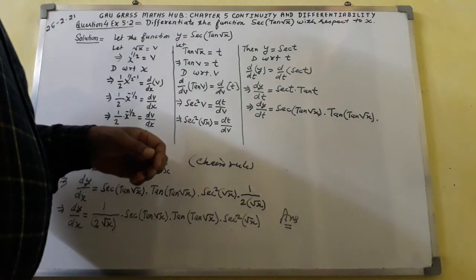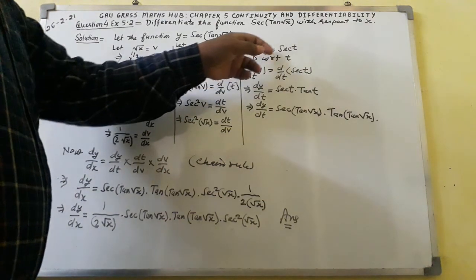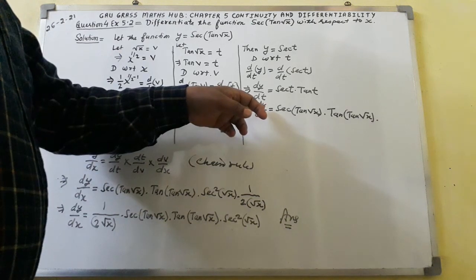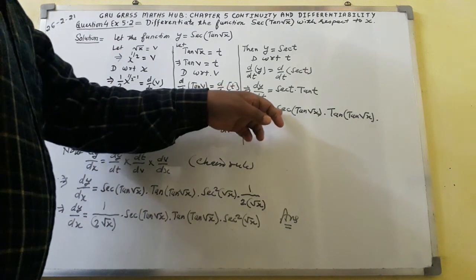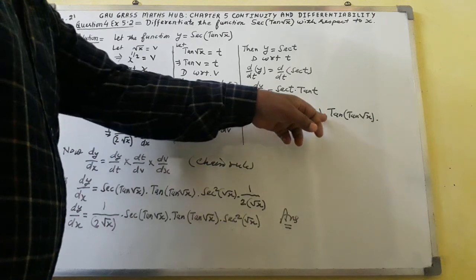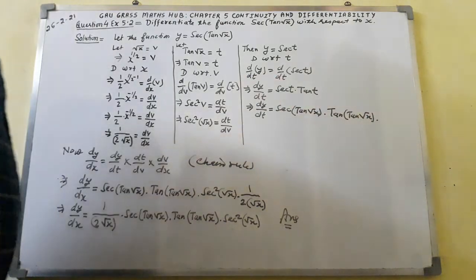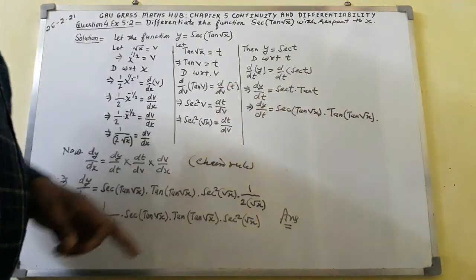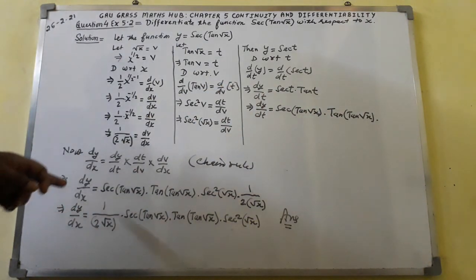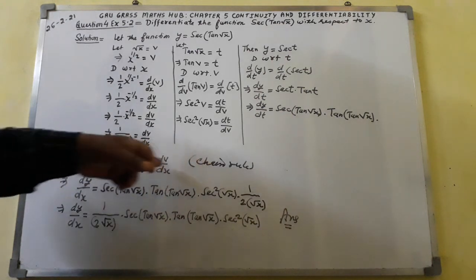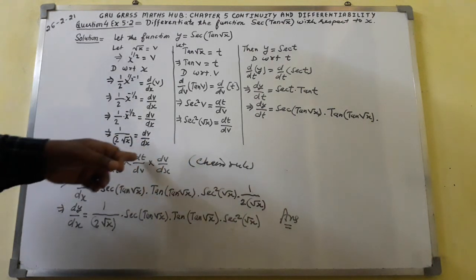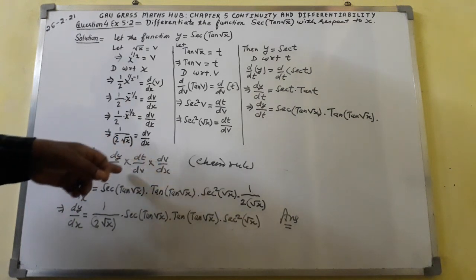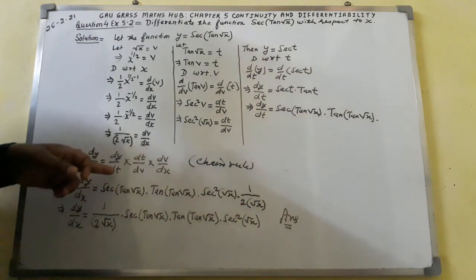And the initial function I have got y equal to sec t, differentiating with respect to t, I have got dy/dt equal to sec(tan √x) times tan(tan √x). Now these terms have been combined by applying the chain rule this way. dt in the numerator and dt in the denominator will be cancelled out.